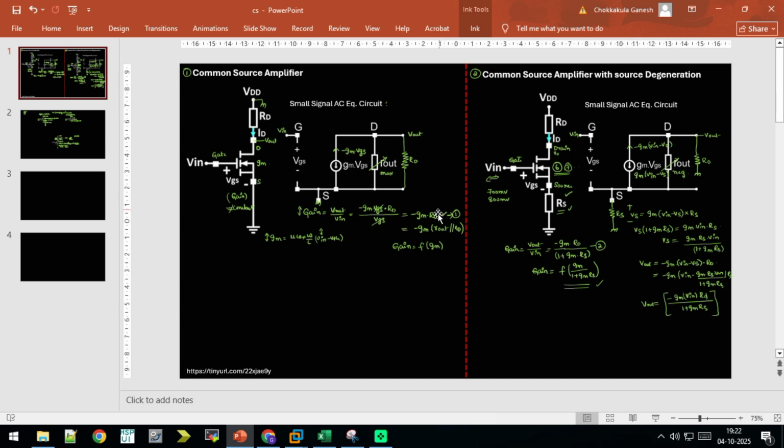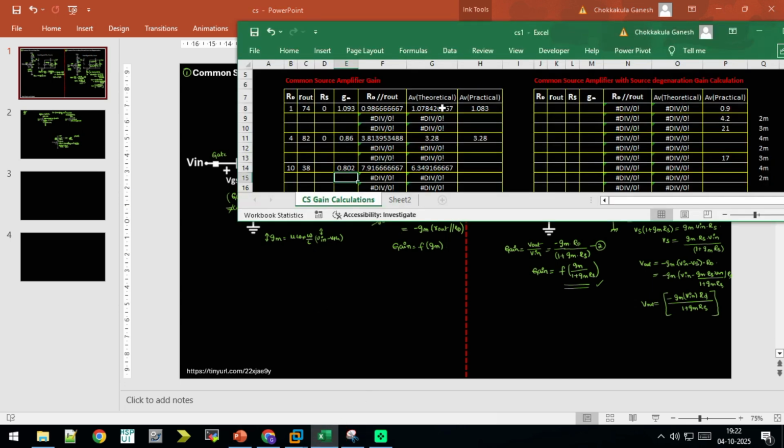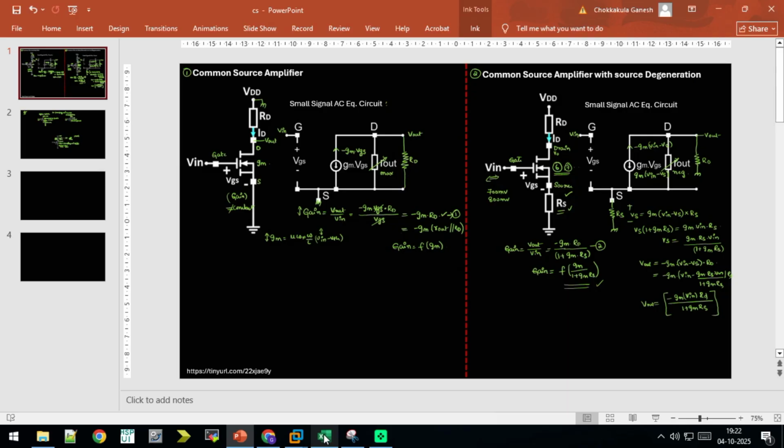RL is increased 1 kilo ohm, 2 kilo ohm, 3 kilo ohm. As we can see, at 1 kilo ohm we got a gain of 1, at 4 kilo ohm we got nearby 4, at 10 kilo ohm we got nearby 6.3. As that RL value increases, the gain also increased, right? So there are fluctuations with respect to the changes of RL, where the reflected gain is changed, that's what we observed. So practically that is correct.